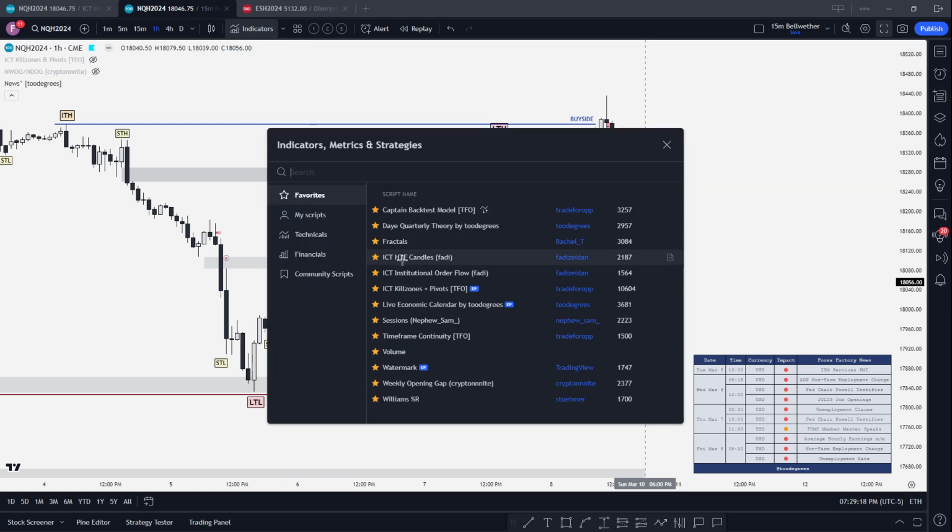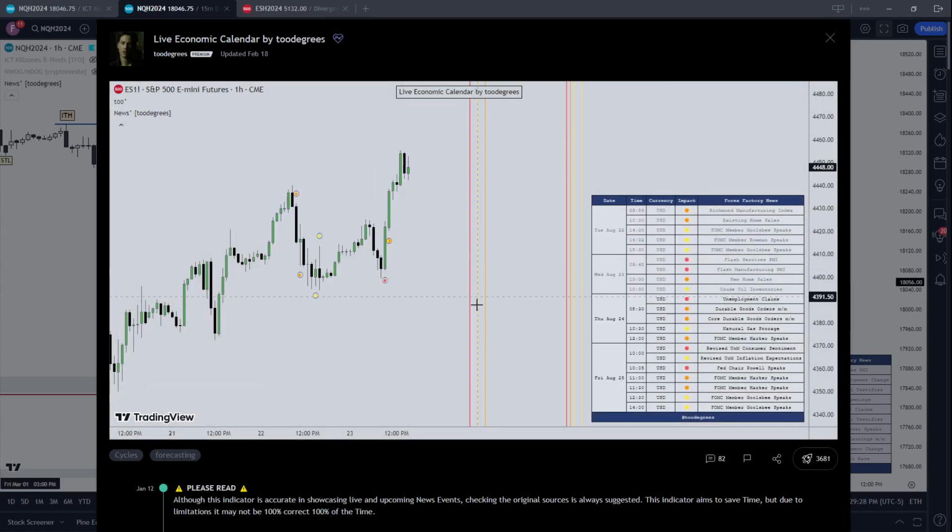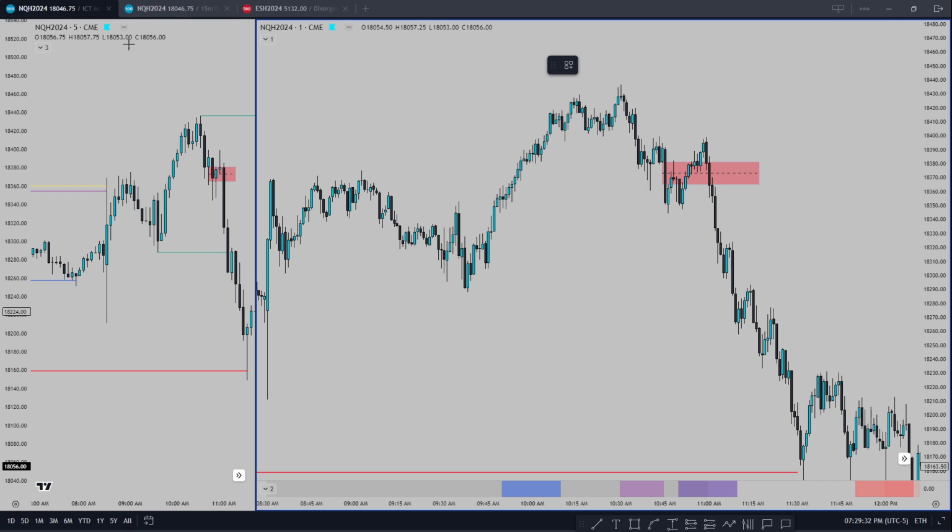But if you go to indicators and look up the live economic calendar by 2 degrees, he's got some crazy stuff, but you can pull it up and customize it. You can even have lines like this where it shows you when the news is coming in, which is helpful if you can pull it up on a 1-minute chart so you don't miss news like that.